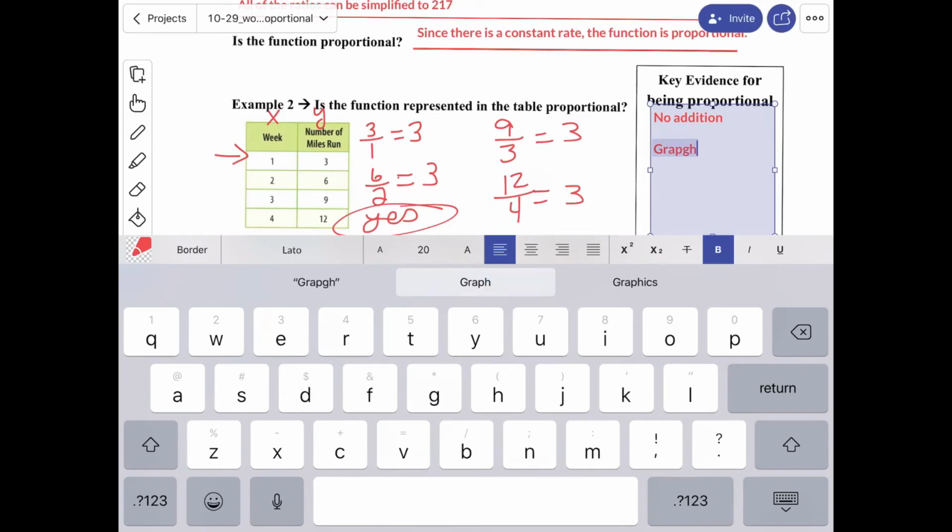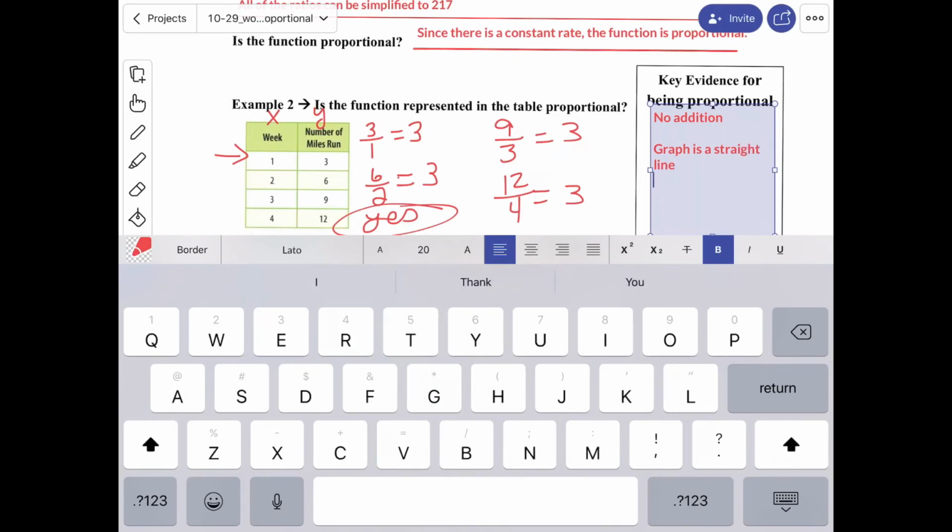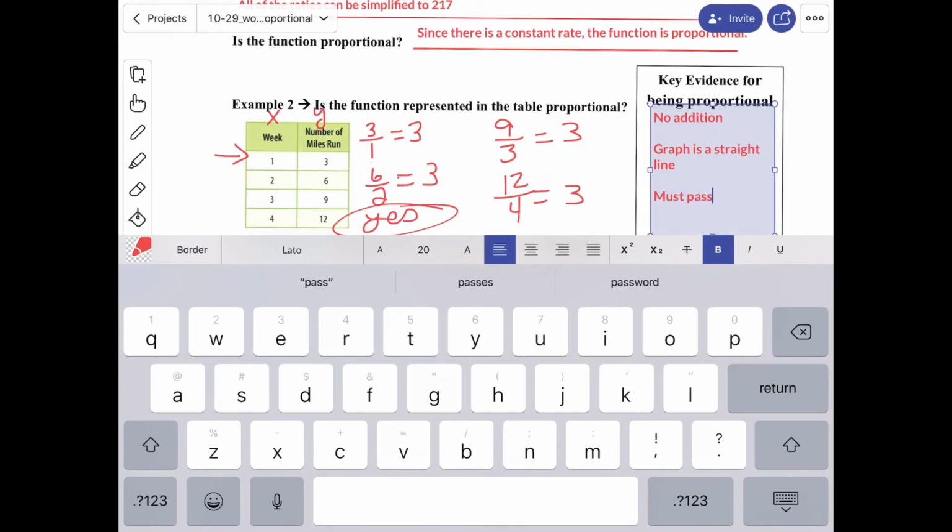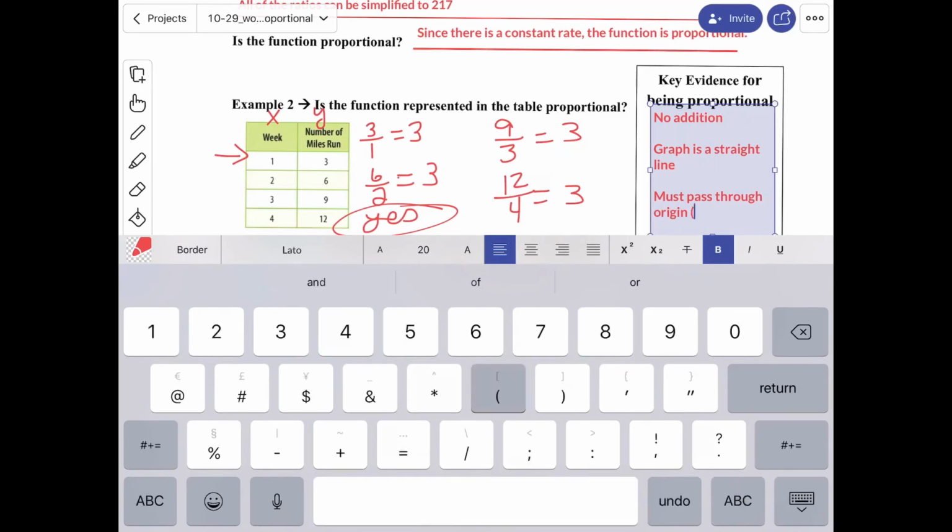Also, if it's a graph, the graph is a straight line, so that means it is linear. Also, it must pass through the origin. And remember, the origin is 0, 0.